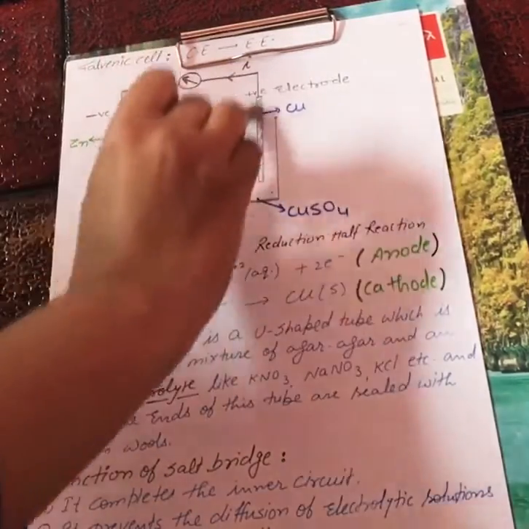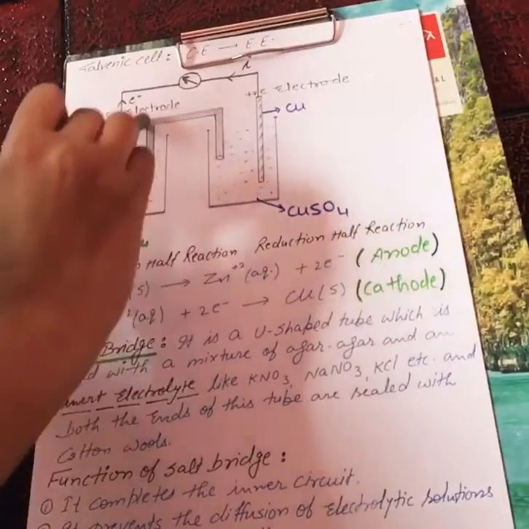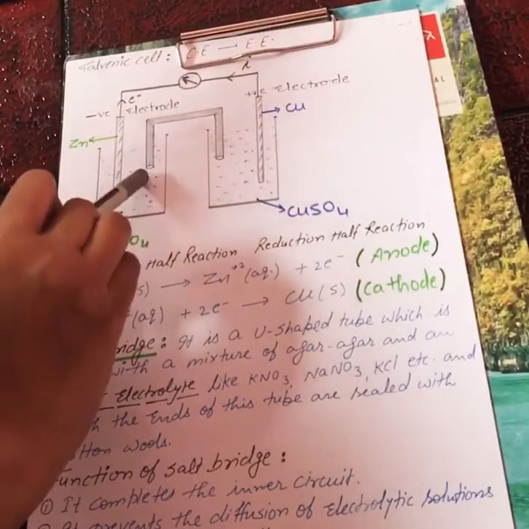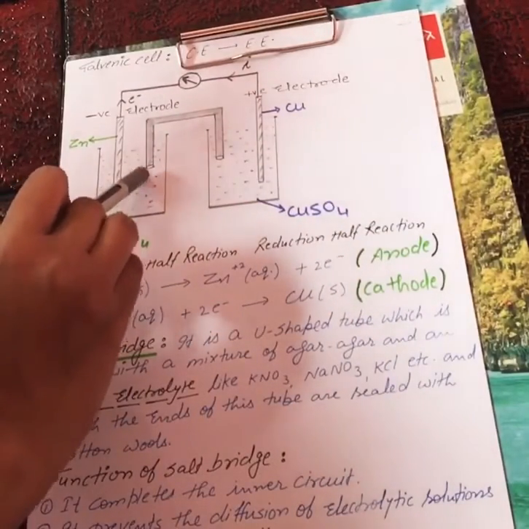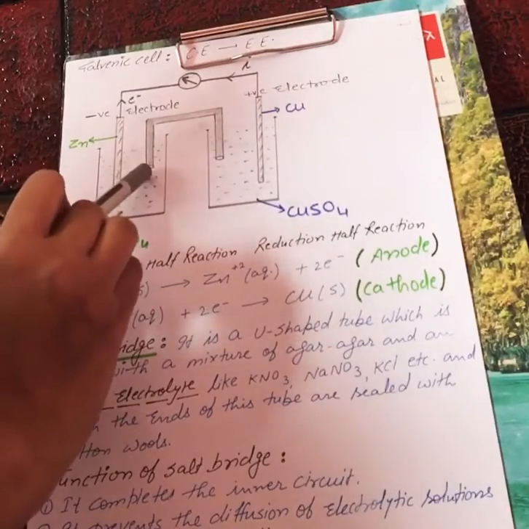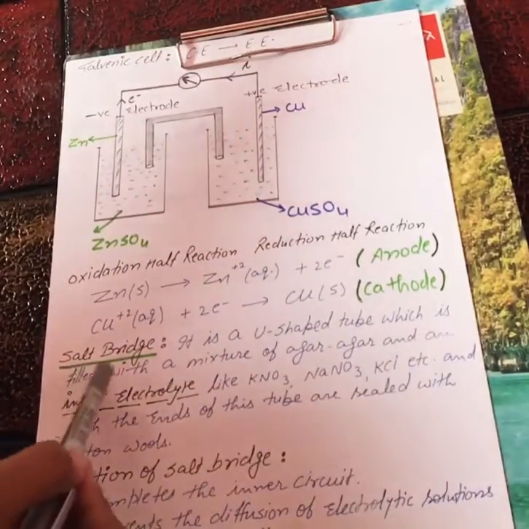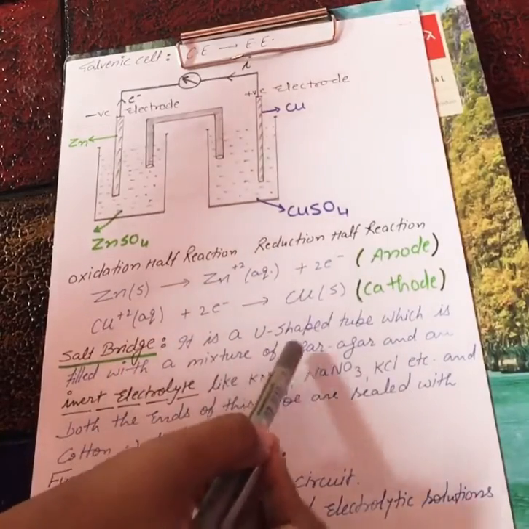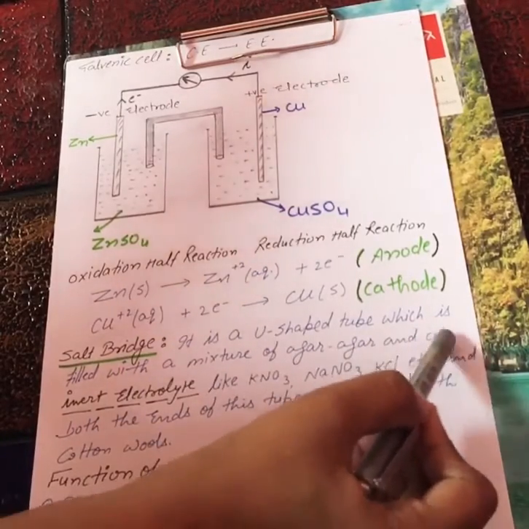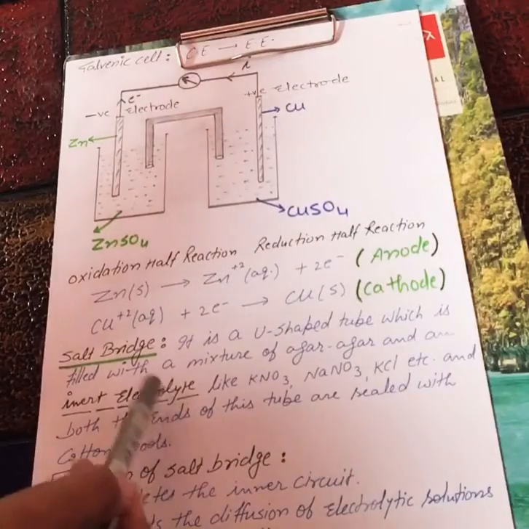The external circuit is complete here, but the internal circuit is not complete, so we insert a salt bridge here. A salt bridge is a U-shaped tube which is filled with a mixture of agar-agar and an inert electrolyte.